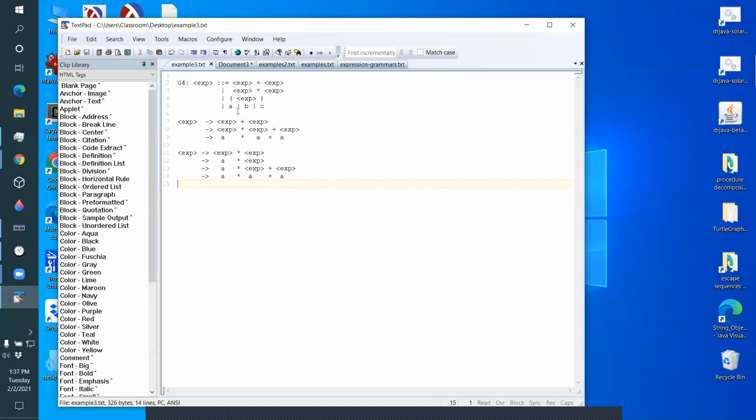What's different about these two things? It's the order of operations. Which had higher precedence in that derivation? What's the grouping? It's left to right.